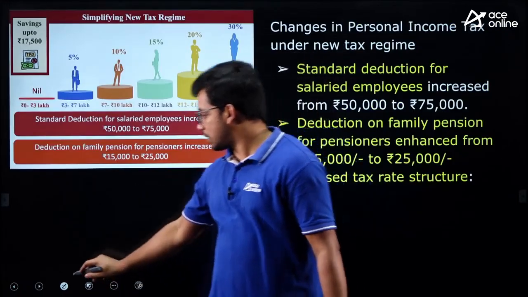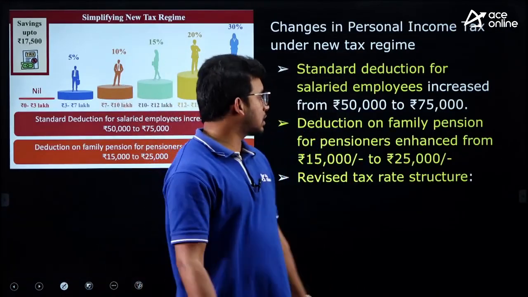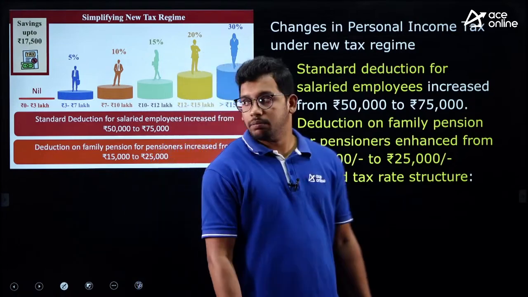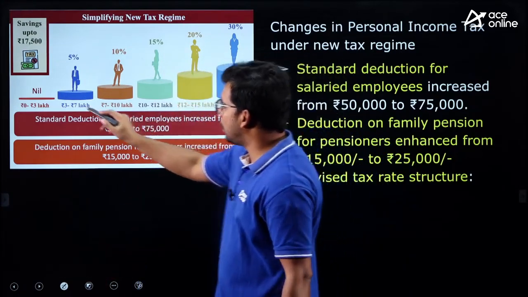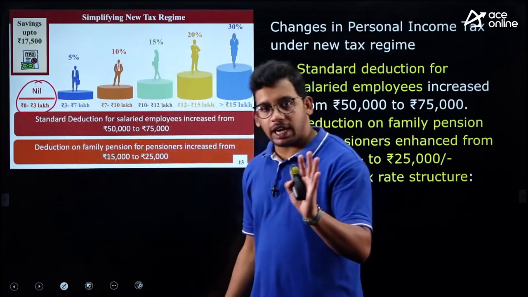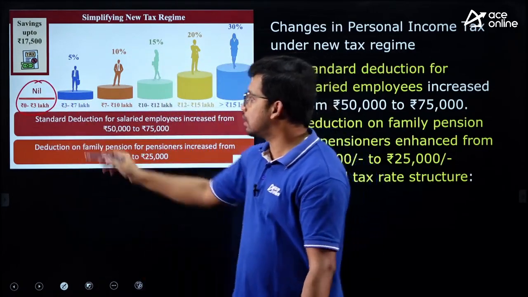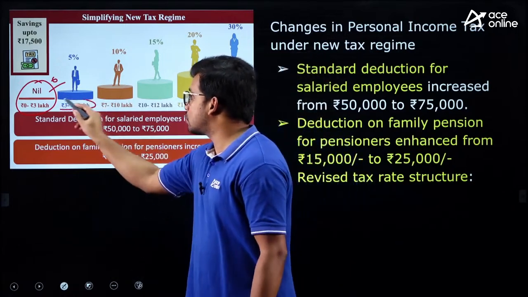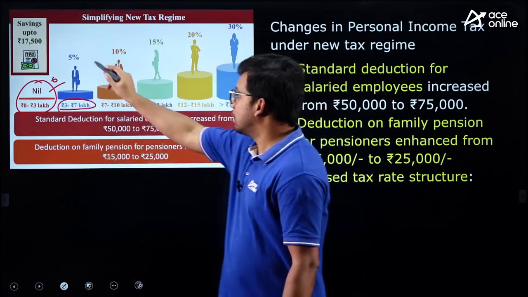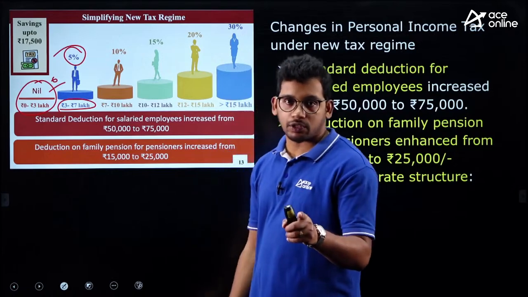Now the tax structure, you can see here the tax structure, fine. This is the income tax structure now given by the government. If you are earning up to 3 lakh rupees, there is no tax, zero. If you are earning between 3 lakhs to 7 lakhs, then you have to pay 5% tax to the government.